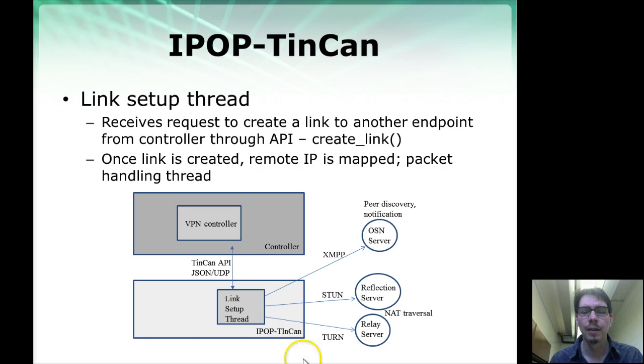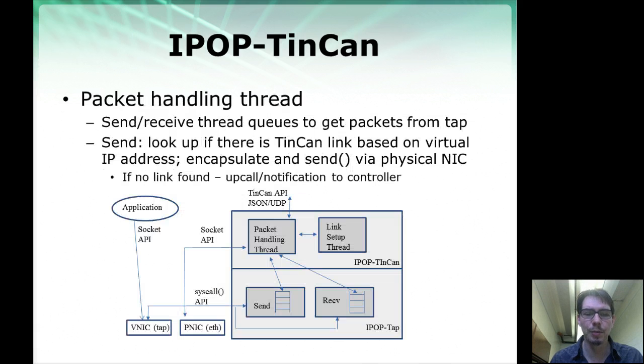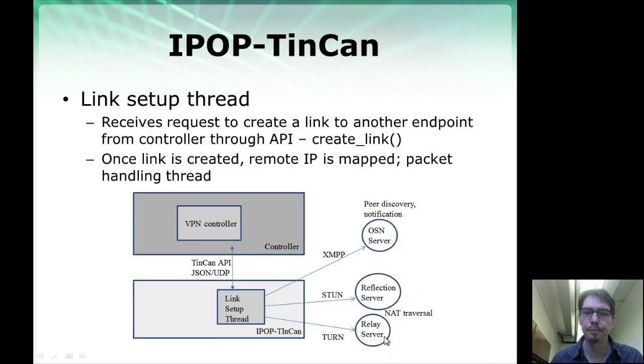That's done through the peer discovery notification that's implemented by the XMPP server using the XMPP protocol. So assuming that a link is created, then the IP address for that link is mapped into a table that's maintained in tincan, and then any further packets that come in for that virtual IP address will take the quick path that goes, as in the previous slide, from TAP to packet handling out through the physical network.